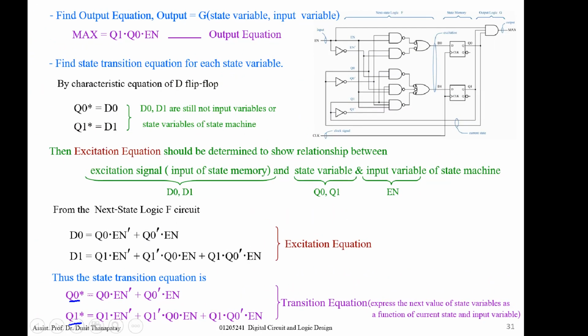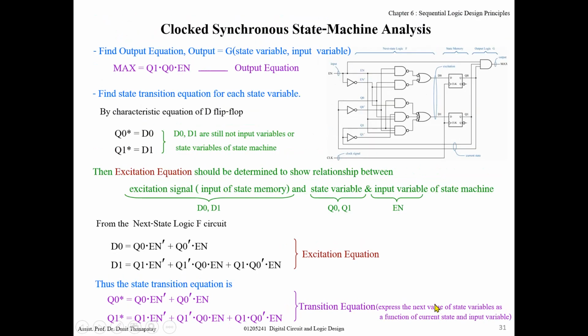This equation is very important because it explains the value of the variable when the clock ticks. Now this is the result of the analysis. You must know the output equation and the transition equation.